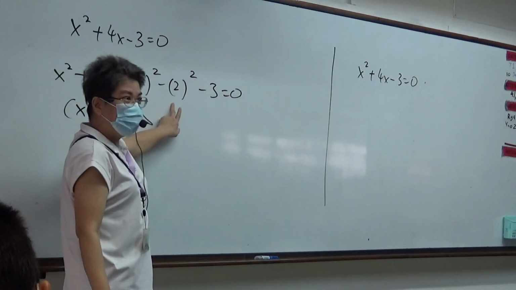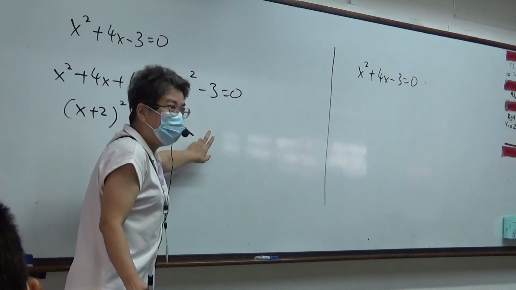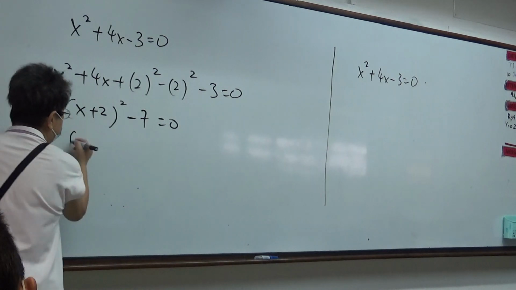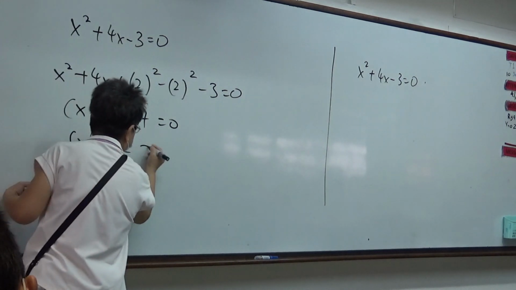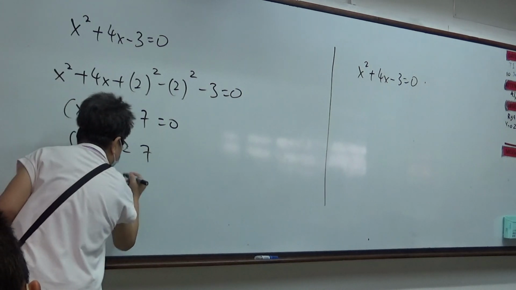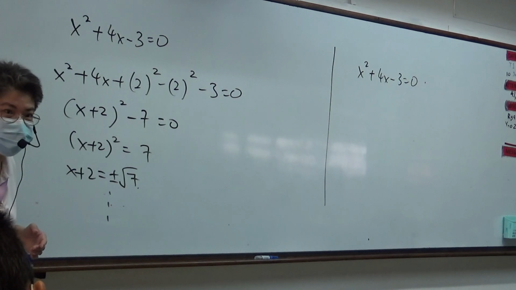This is minus 4 minus 3, right? So altogether, negative 1 minus 7 equals to 0, right? Correct? Then I will have x plus 2 squared equals to 7, right? Following which will be this. Then you can carry on, correct? To find the answer. Okay?